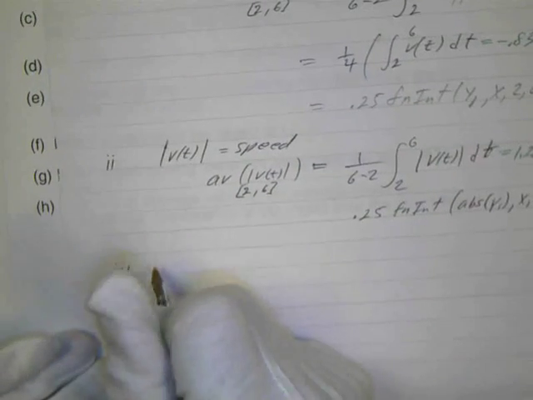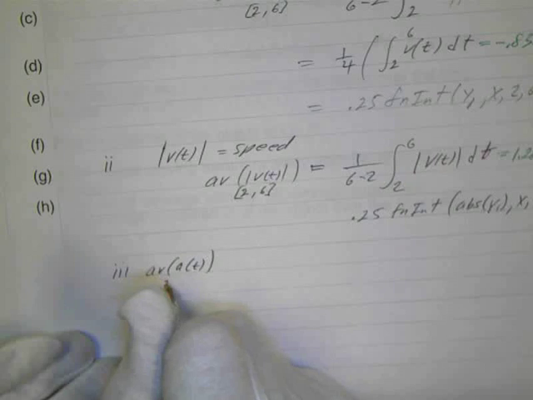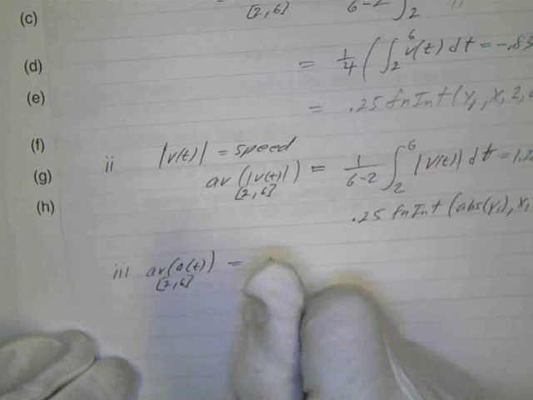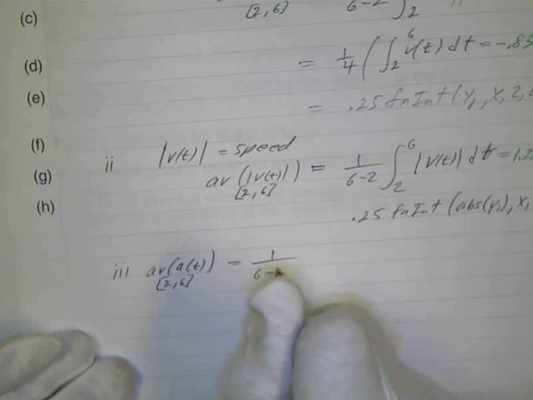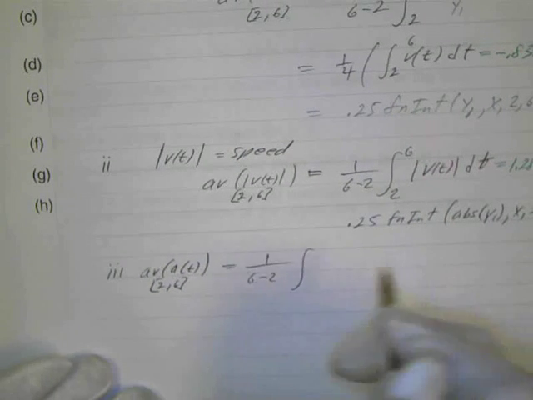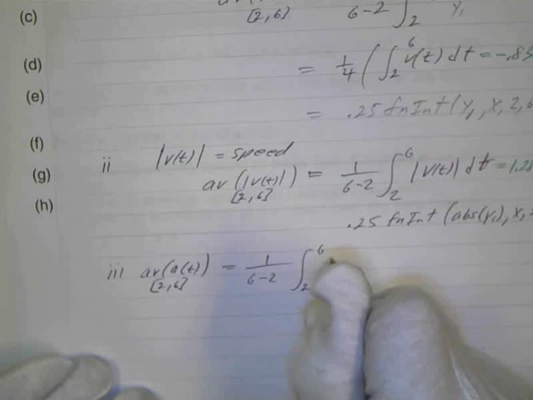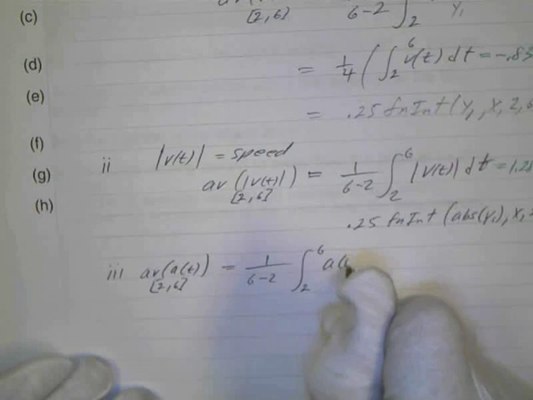So what we're going to do is, first of all, try to find the average acceleration on this interval 2 to 6. And we know just from our definition, that's going to be 1 over 6 minus 2 times the integral from 2 to 6 of a of t dt.